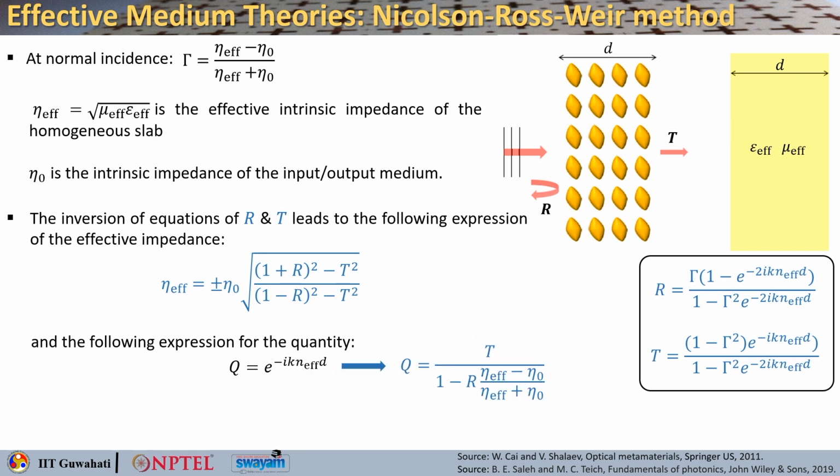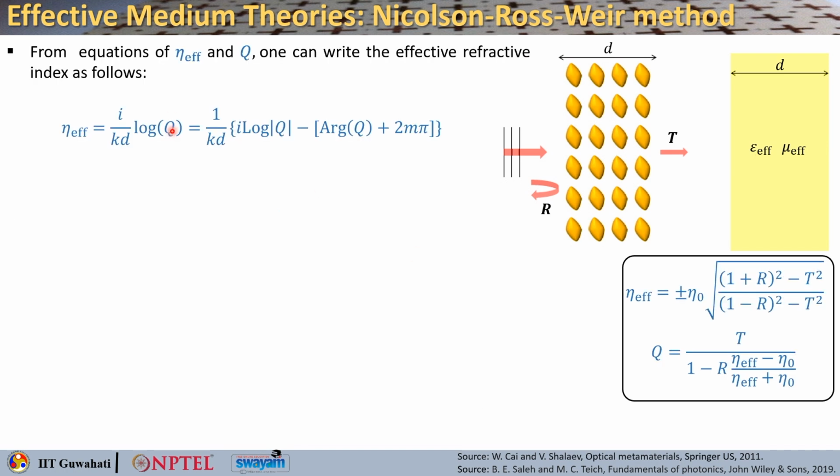So, q can be written in terms of T, R and eta effective in this particular form: T divided by 1 minus R times eta effective minus eta naught divided by eta effective. So, it is not n, this is eta effective, the intrinsic impedance, right. This is the effective impedance of the slab and this is the intrinsic impedance of the input or output medium.